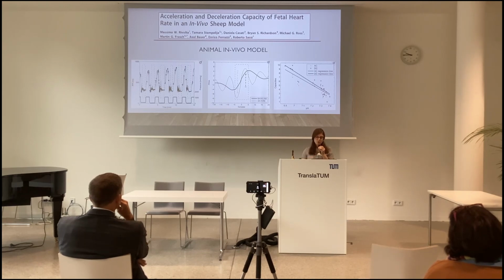So at each occlusion, we collected information about the fetal heart rate and the other parameters that Martin presented before, and then we computed acceleration capacity and deceleration capacity.